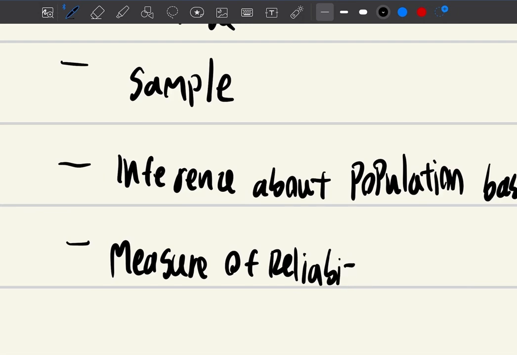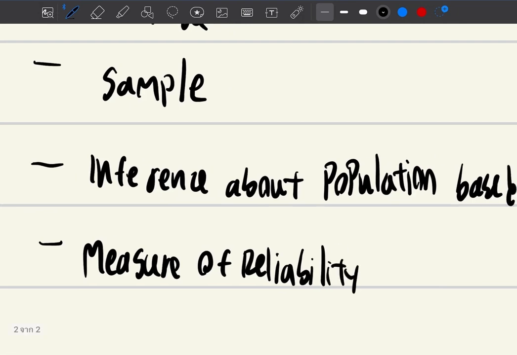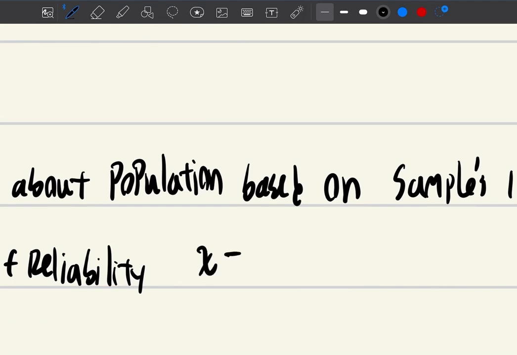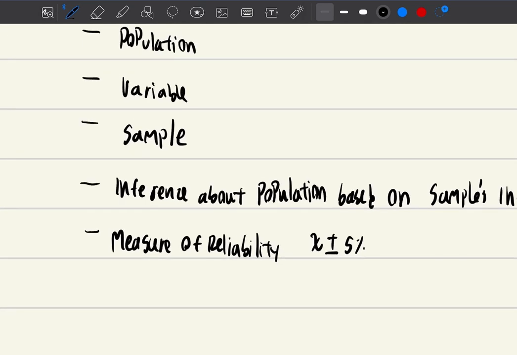Like something plus or minus 5%, something like this. It's not 100% sure. This one is an example.